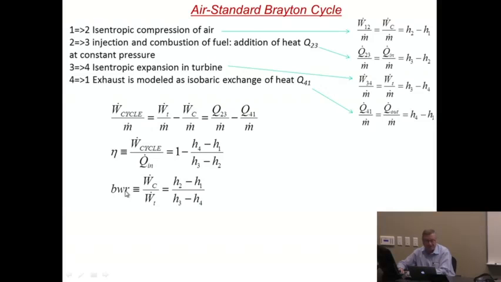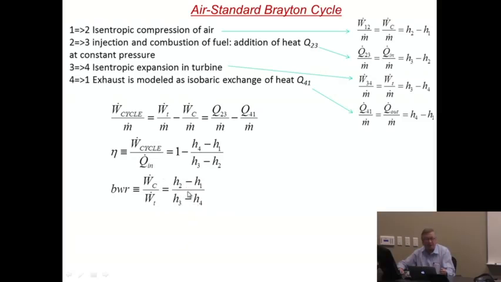Back work ratio this time, it's a concept we already introduced in the case of the steam turbines and the vapor power cycles. So here it's the work of the compressor over the work of the turbine. It's H2 minus H1 over H3 minus H4. If you remember, in vapor cycles, this was on the order of a few percent or a fraction of a percent.